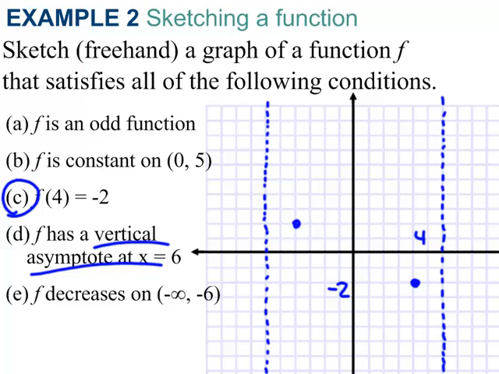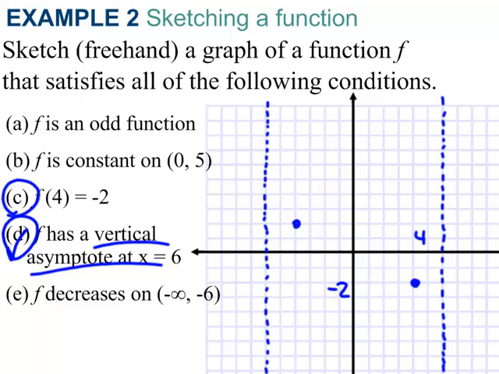Now you may be thinking, isn't that what I would do in the case of an even function? Yes, but also for odd. Just remember, if it's asymptotic over here, it would be asymptotic down here, not across the y-axis. All right, so we have drawn in the asymptotes.